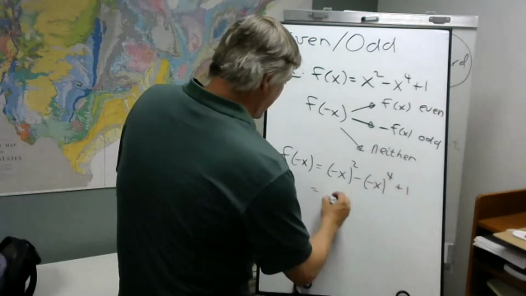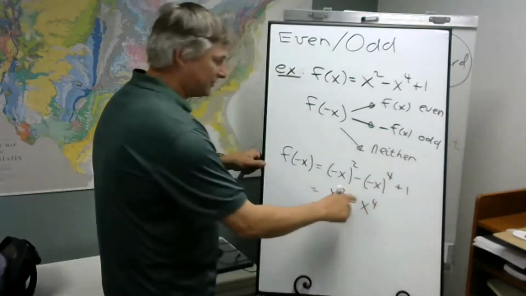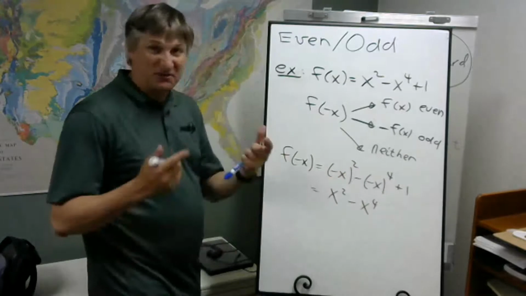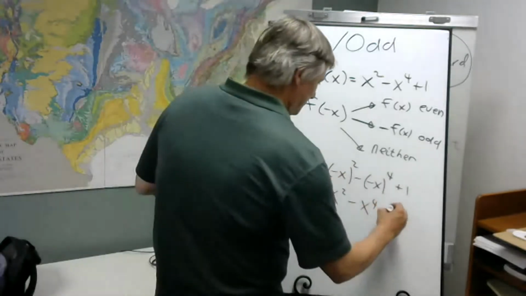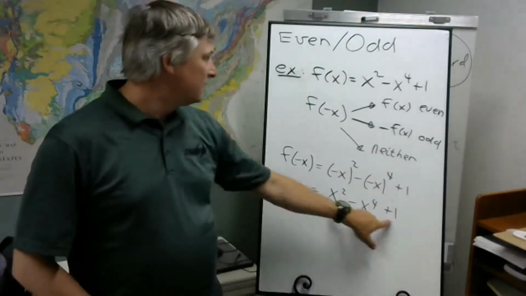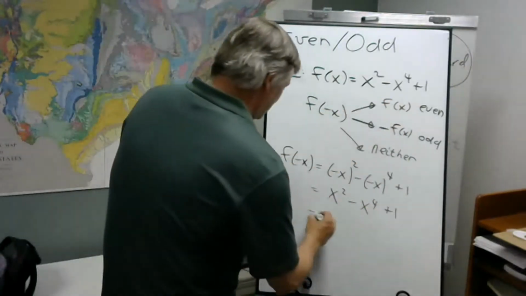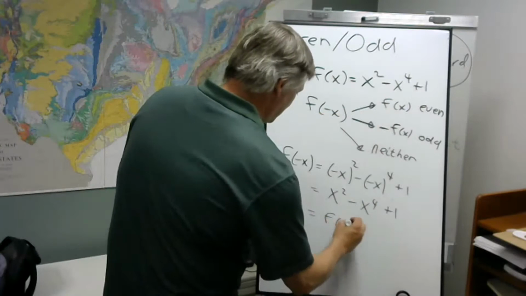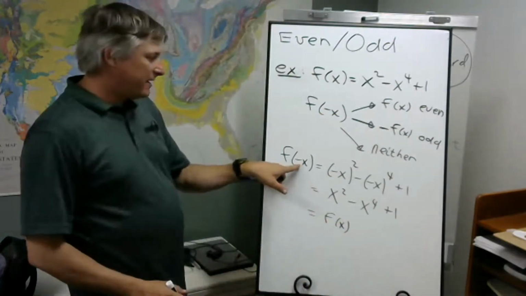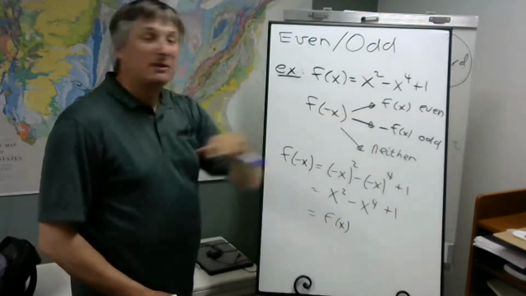So we're going to get just x squared minus x to the fourth. This is outside the fourth here, so it stays. And we get plus 1. And if we look at this, this is the original function, which is f of x. So an f of negative x gives you f of x. That means even.